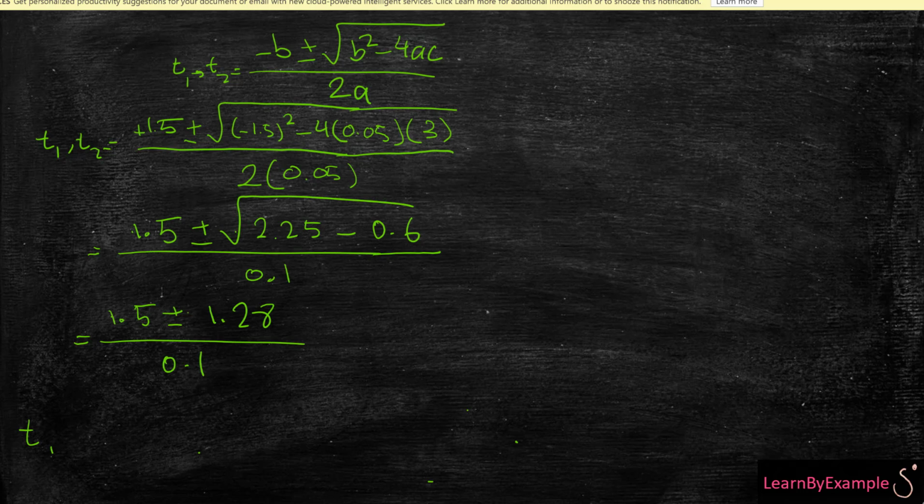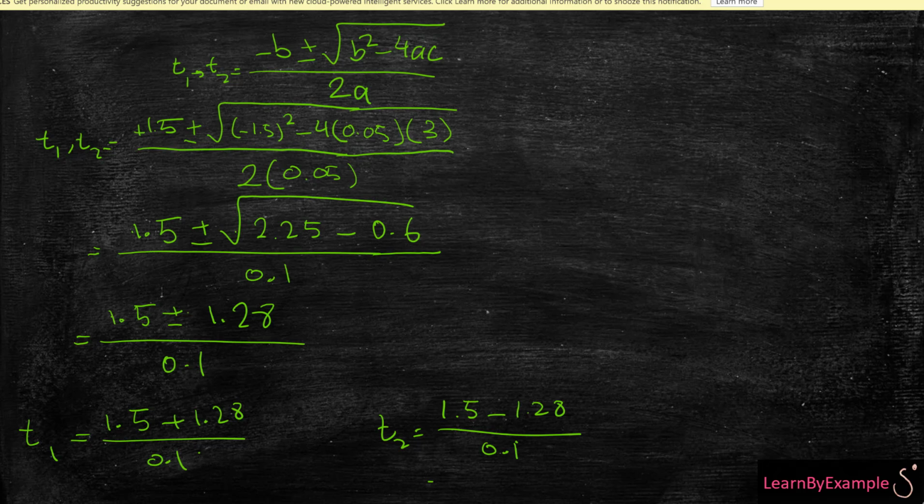Now I will have two answers. One, which is my T1, 1.5 plus 1.28 over 0.1. Or for my second answer, which I have 1.5 minus 1.28 over 0.1.